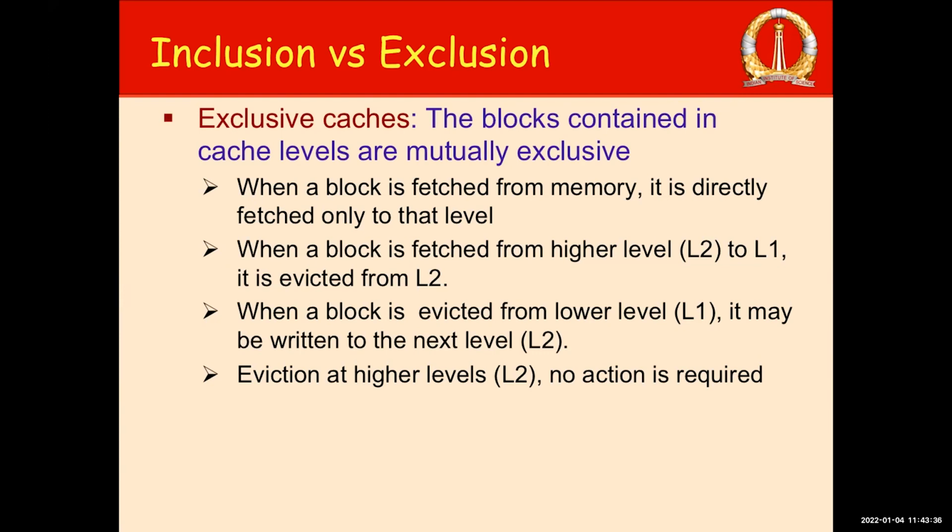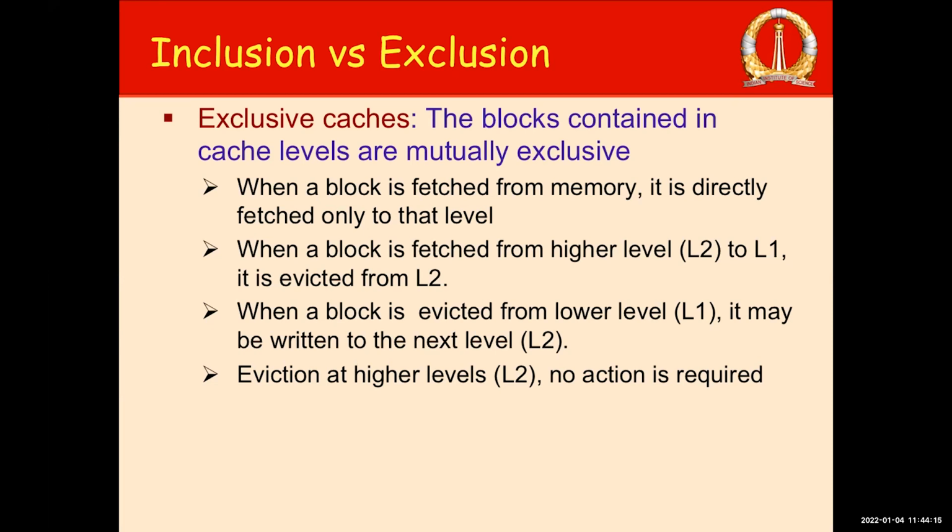If it is there in the L2 cache, then you move it from the L2 cache to the L1 cache, and then remove it from the L2 cache, or that entry is replaced in the L2 cache. Similarly, if it is there in L3 but not in L2 or L1, then you move it directly from L3 to L1, or you move it directly from memory to L1. So if it is in any higher level, you move it from that level. Of course, memory you will keep it, because the inclusion and exclusion applies only within the caches. But if it is in L2 or L3, you remove it from L2 or L3 and then move it to L1.